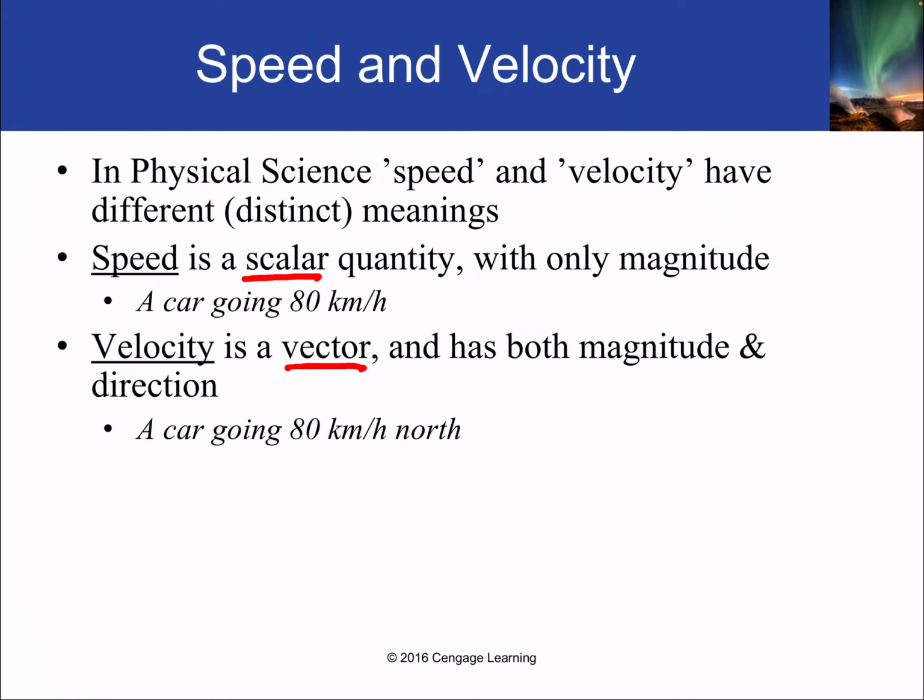Whereas velocity, being a vector quantity, is going to have both magnitude and direction. When I look at the statement under the velocity bullet point, notice I've added north at the end of 80 kilometers per hour. So now I not only know my magnitude, but I also know the direction that that particular object is traveling.